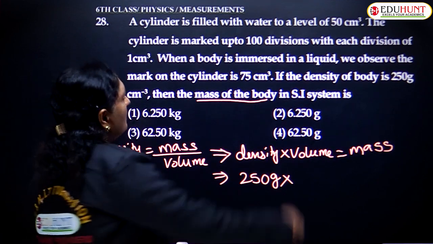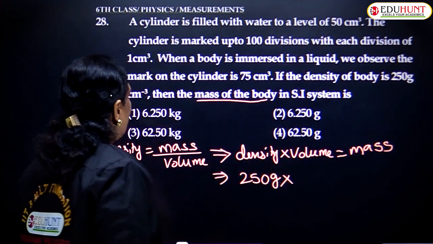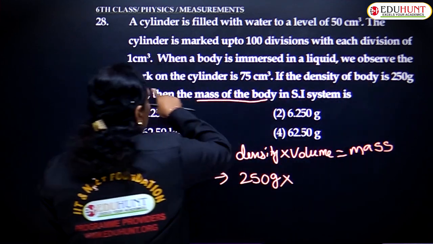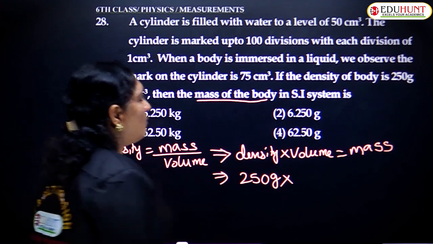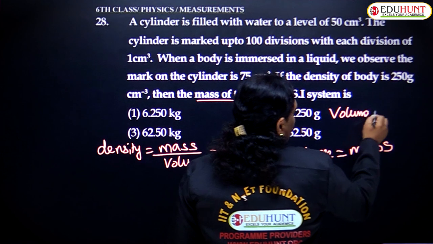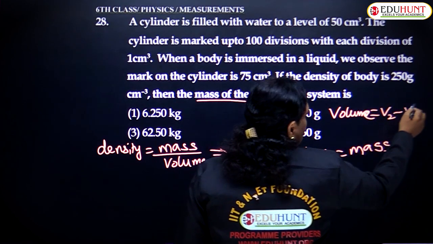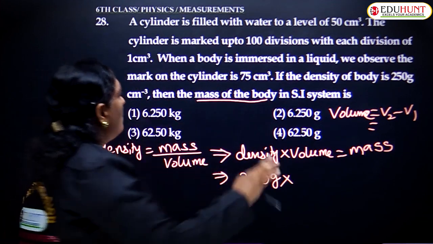So here water only means 50 centimeter cube. When the body is immersed in that liquid, then the mark is 75 centimeter cube. Then what is the difference in the volume? Volume equals the difference in the two volumes, V2 minus V1, children. Higher minus lower. What is the higher?